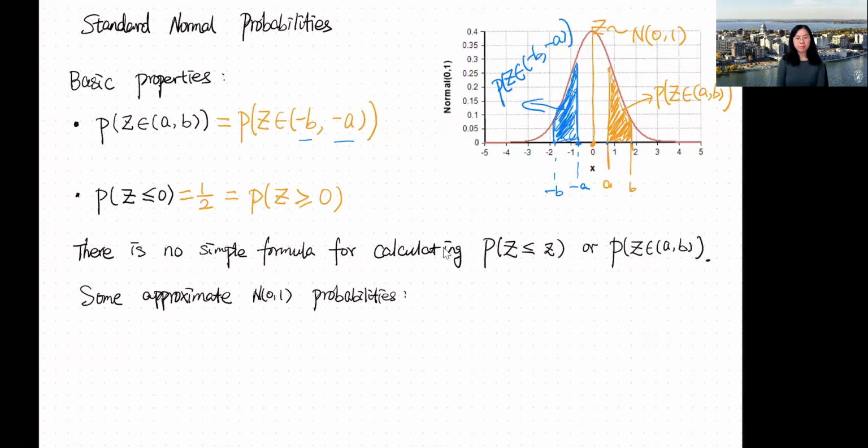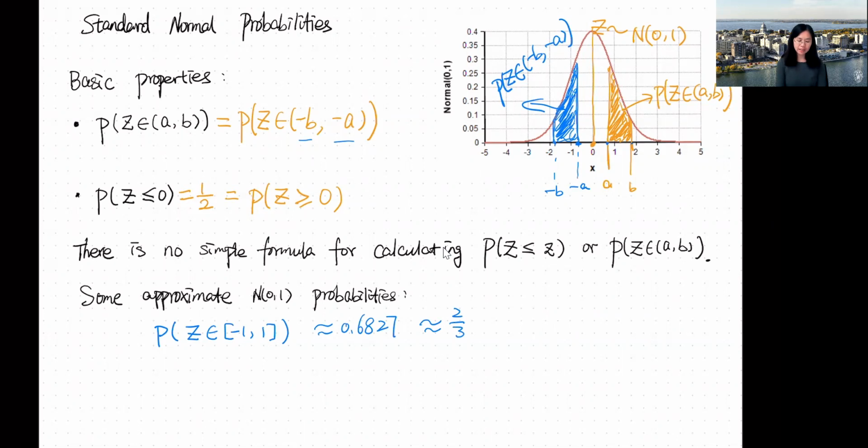So both of these properties follow from the symmetry of the probability density function. Also, there are some approximate standard normal probabilities that you might see people using. The probability that z belongs to the interval -1 to 1 is approximately 0.6827, which is approximately 2/3.